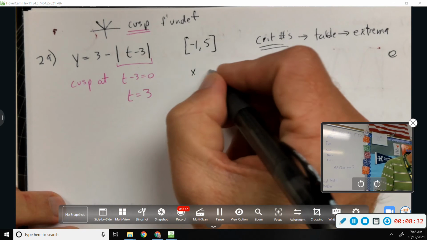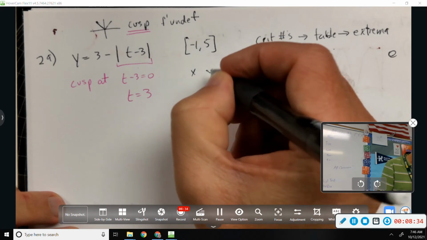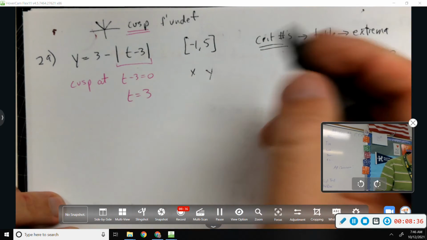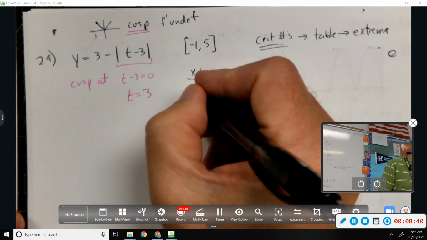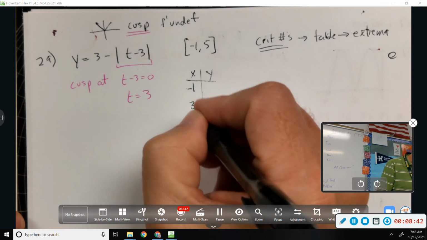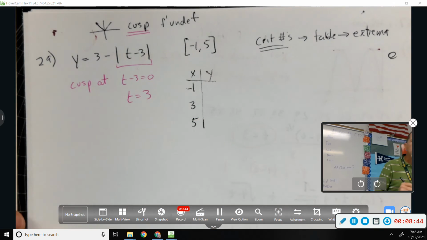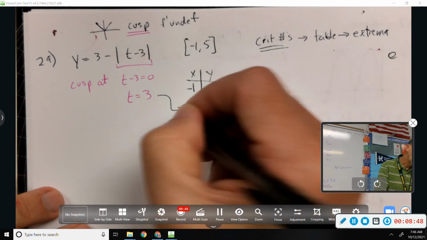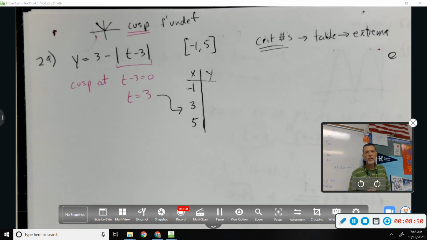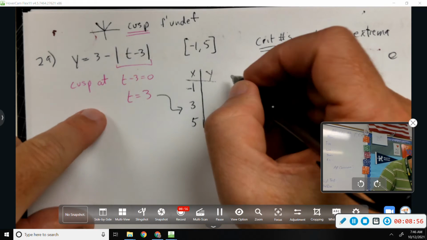So my table of values then would be my endpoints and my critical points. So critical point 3, the endpoints are -1 and 5, and from there it's just plug in and see who's biggest and who's smallest.